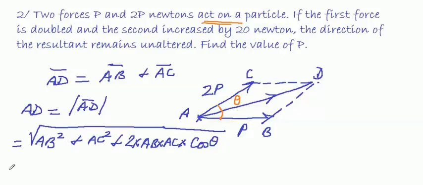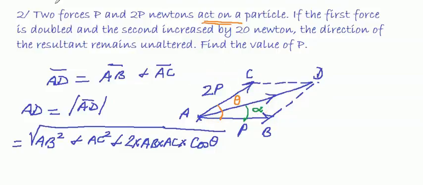magnitude of the resultant vector. Okay, now the direction of the resultant vector, direction of AD. Let us say we give the direction by angle alpha. Direction of AD is given by angle alpha.